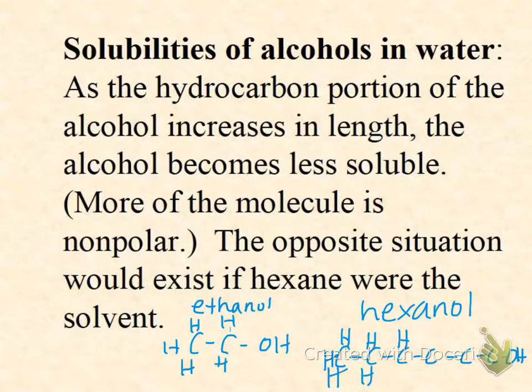And as you see, as that chain got longer, because the majority of that chain is now nonpolar, it will become less soluble in water and more soluble, let's say, if hexane were the solvent. Okay? So the longer the chain of the alcohol, the less soluble it is in water.